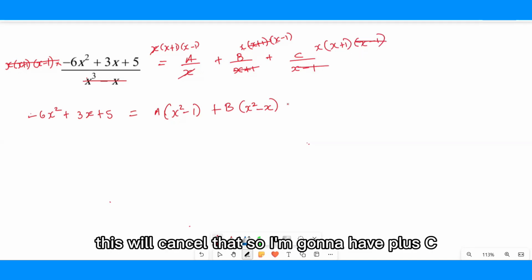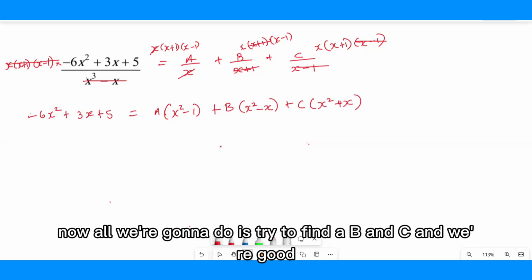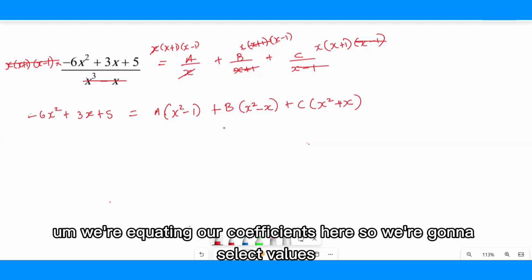This will cancel that, so I'm going to have plus c, and then I'll actually have x squared plus x coming down here, right? Now, all we're going to do is try to find a, b, and c.